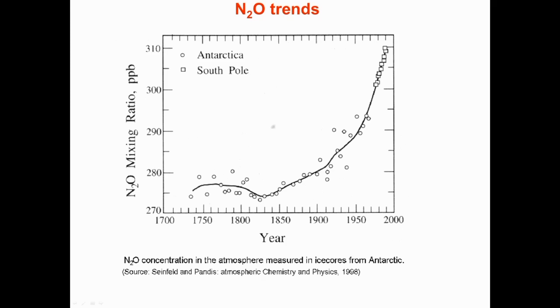Now, we know that N2O has gone up through the post-industrial era. Okay? Now, that constitutes the ground source of N2O. And you've got to get the N2O up into the stratosphere for it to act as an ozone destroyer.